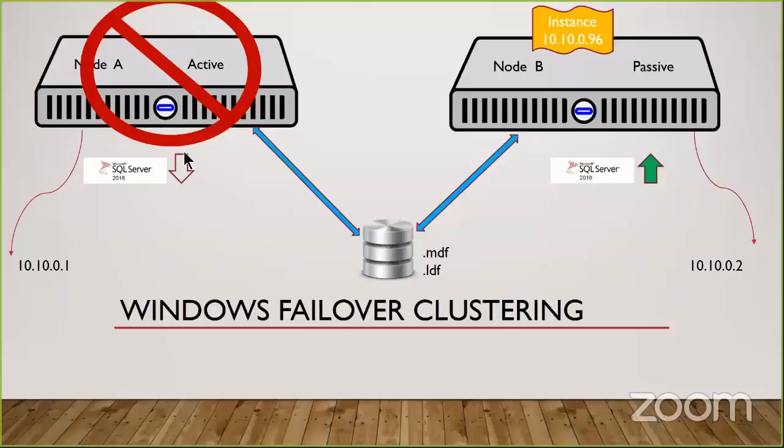The resource group fails over, and now those clients which were connecting to 10.10.0.96, they're still connecting to the same thing. It's just that we moved that over to another physical device. Does that make sense? Any questions about that?